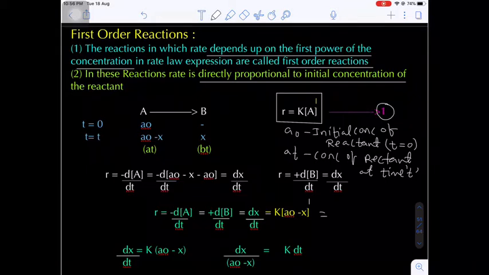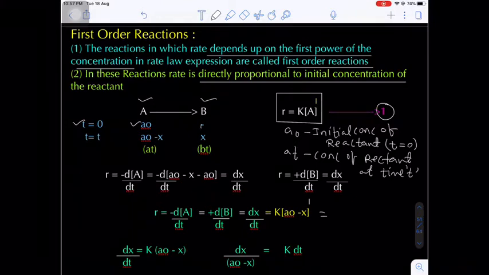Here is one example I am taking. A gives B, a simple reaction where the stoichiometry is in a 1:1 ratio. At the initial time interval t equal to 0, the initial concentration of the reactant is A0, and the concentration of B is 0.